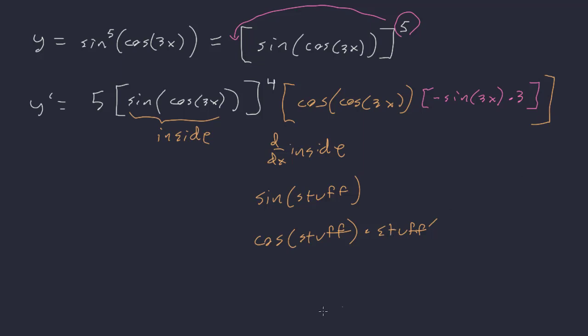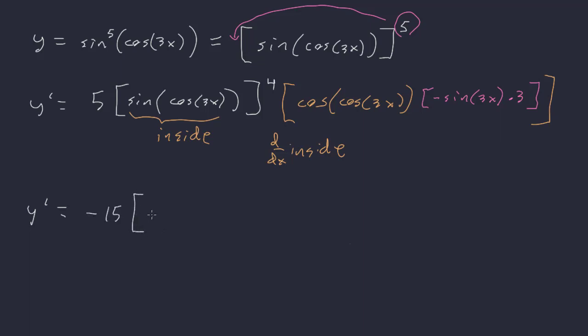Okay, so when it's all said and done, when we simplify this, let me clean this up a little bit. I'm going to bring the 3 and the negative outside, so we'll get negative 15 sine of cosine of 3x all to the 4th times cosine of 3x times sine of 3x.